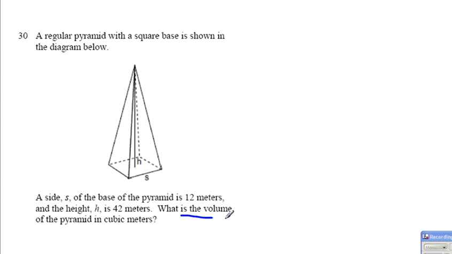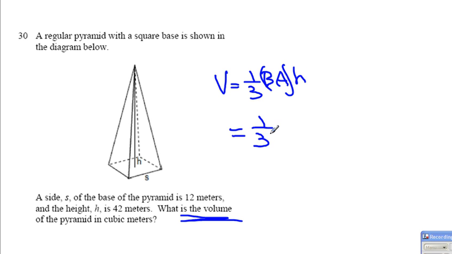How do you find the volume of the pyramid? It's 1/3 base area times the height. Since the base is equal to 12, we're going to have 12 squared times the height. Height is equal to 42.